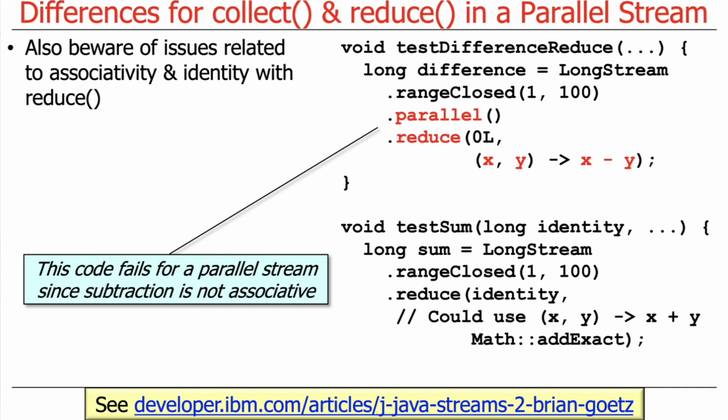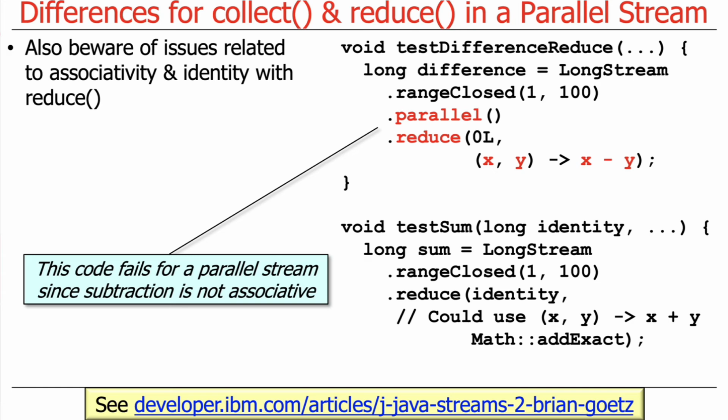The reason it'll fail horribly is because unlike addition, which is associative, right? If you have A plus B plus C, it doesn't matter whether you do A plus B followed by plus C, or A plus B plus C. Either one of those works just fine. Subtraction, as you probably are aware from your 4th or 5th grade math class, is not associative. So A minus B minus C is different from A minus B minus C, depending on grouping.